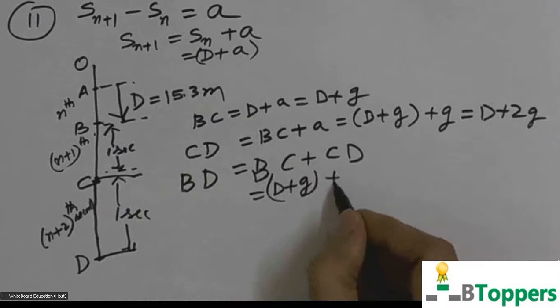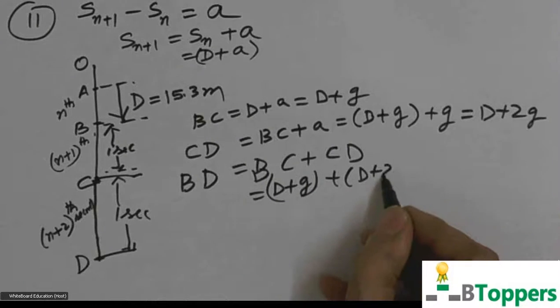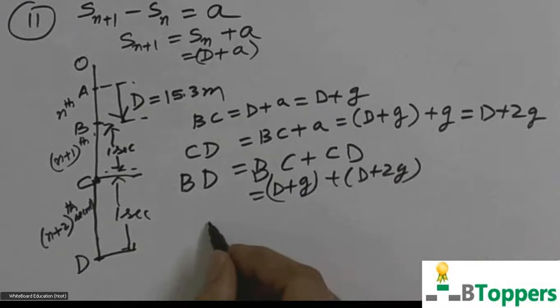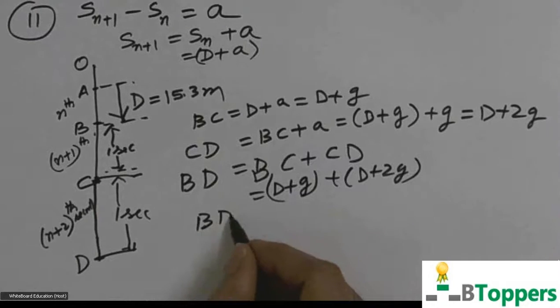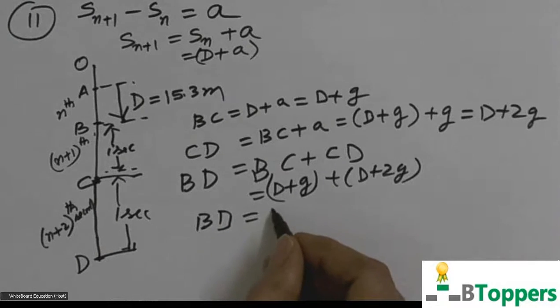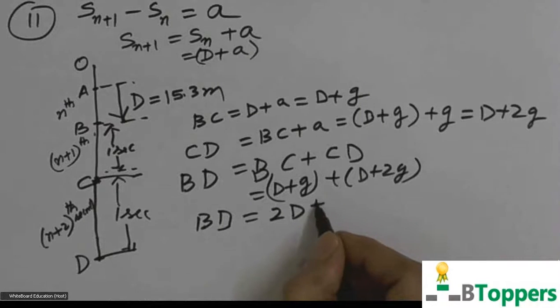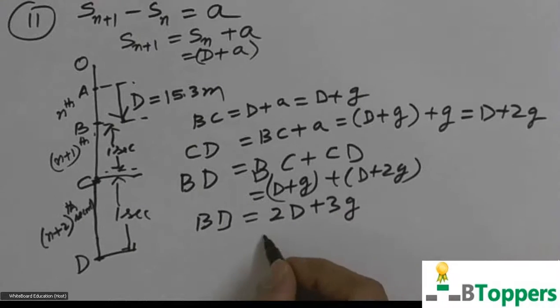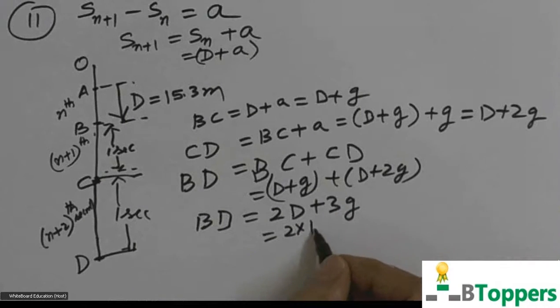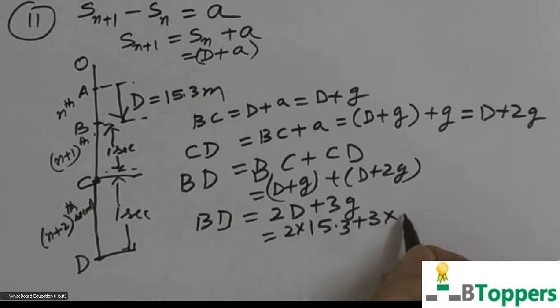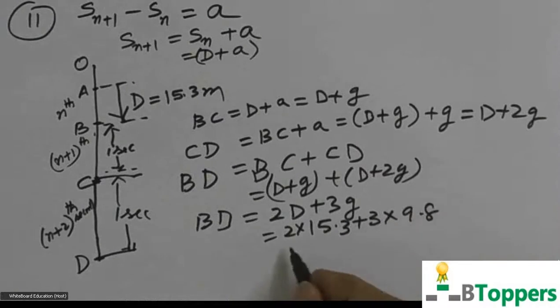Distance from C to D is d plus 2g. So the distance covered in the next 2 seconds from B to D will be numerically equal to 2d plus 3g. Here d is 15.3 meters. g is equal to 9.8 numerically. We can simplify this.